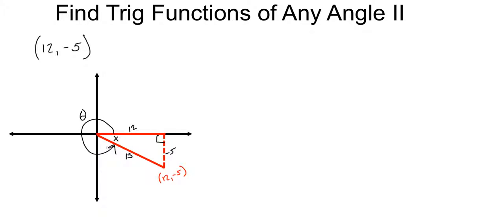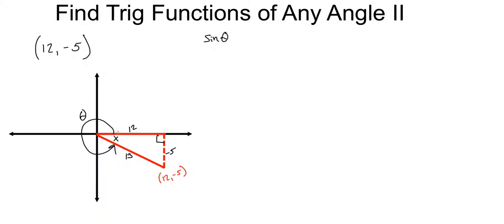So what I'm going to do is use my reference angle to find the sine, cosine, tangent, cosecant, secant, and cotangent. So we'll start with the sine of theta. Now I know theta is this angle here, this reflexive angle, but because we're in the fourth quadrant, we should know that the sine is going to end up being negative.